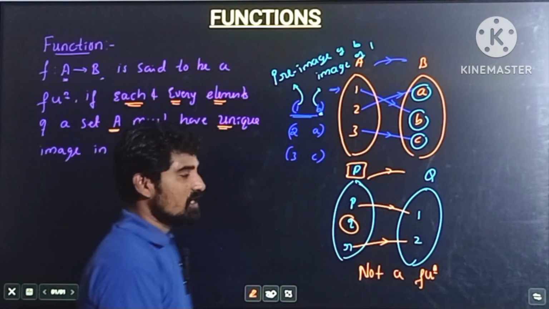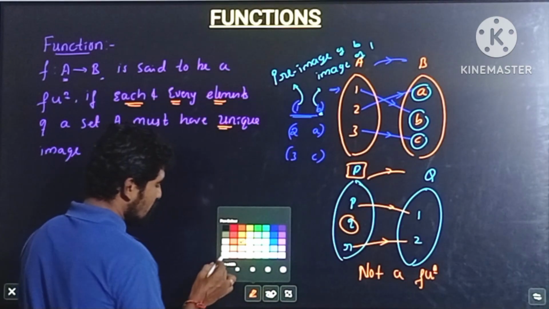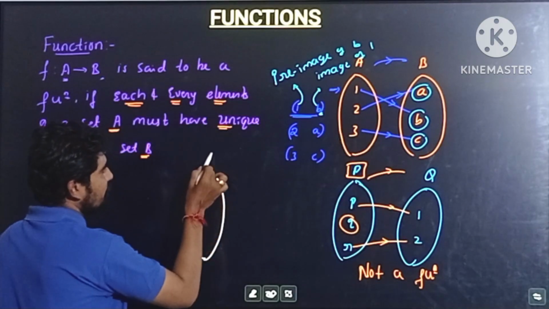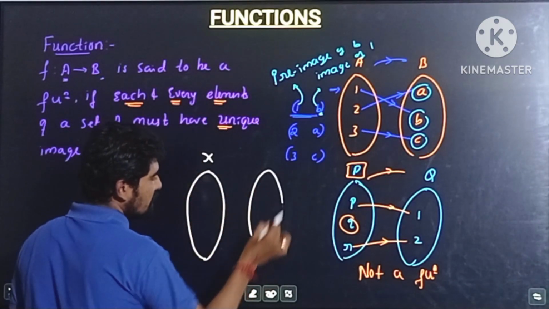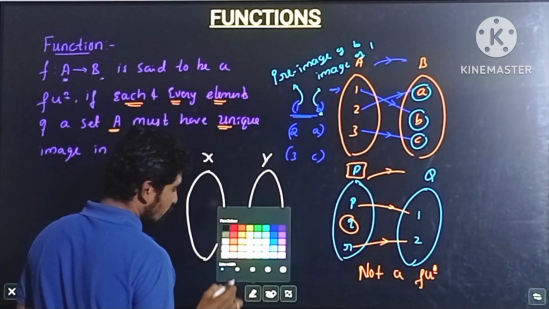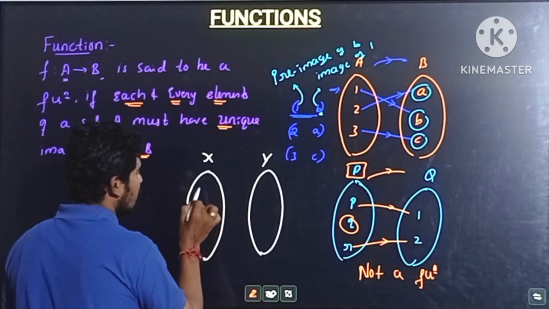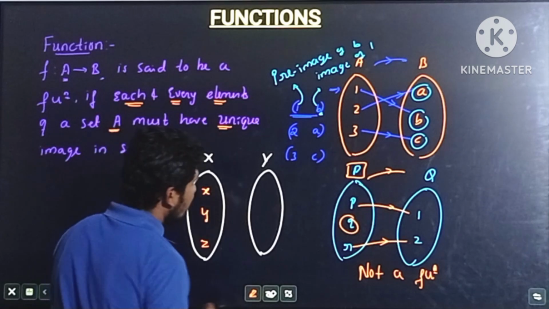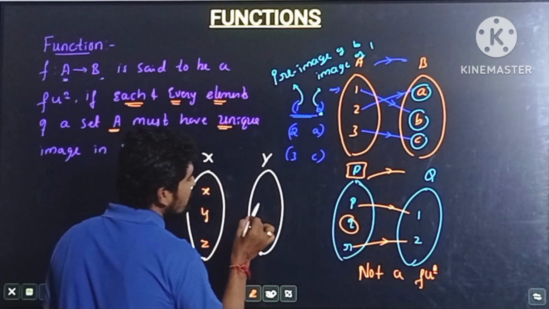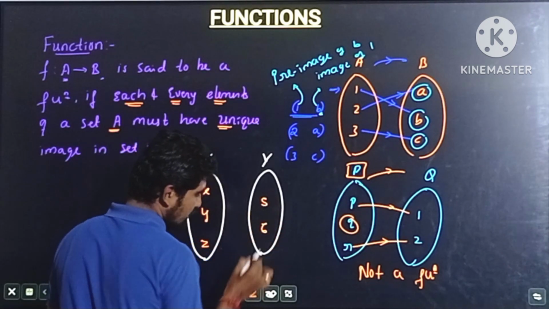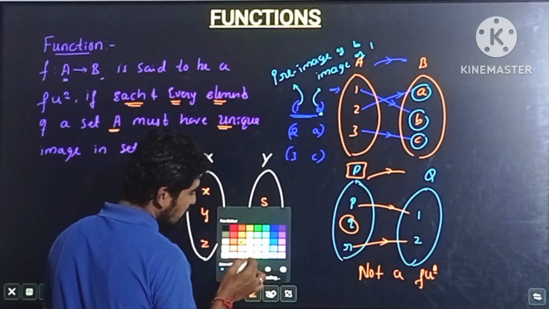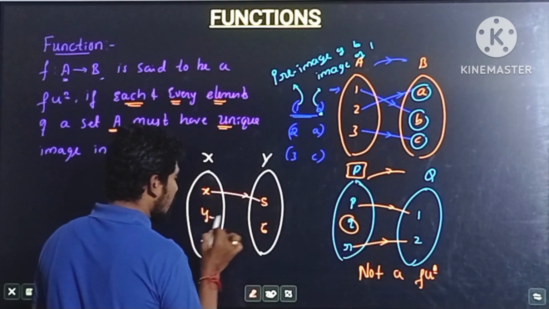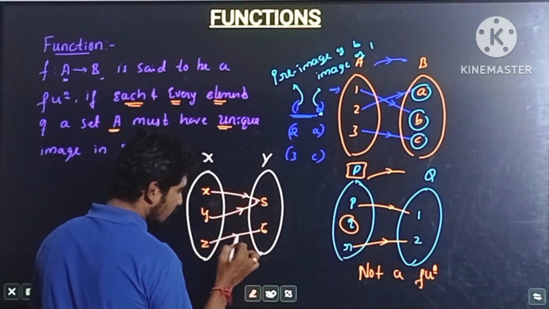I hope all of you are understanding. Consider one more example to understand this. Suppose this is a set X and this one is a set Y. X set consists of the elements x, y, z and Y set consists of the elements 5 and 6. In this relation, suppose x is related to 5, y is related to 5 and z is related to 6.